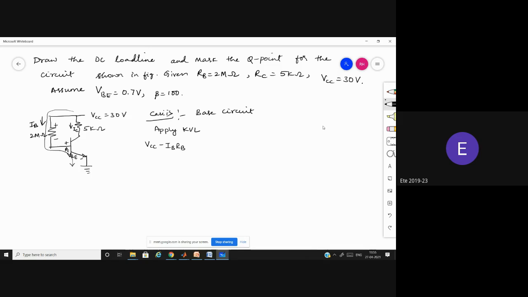The current is flowing like this and coming to this, it's minus VBE, and since there is no resistor here, we cannot consider the emitter current, that is equal to 0. Rearrange this for IB, we get VCC minus VBE divided by RB. Everything is given, just substitute it and you will get the IB value.